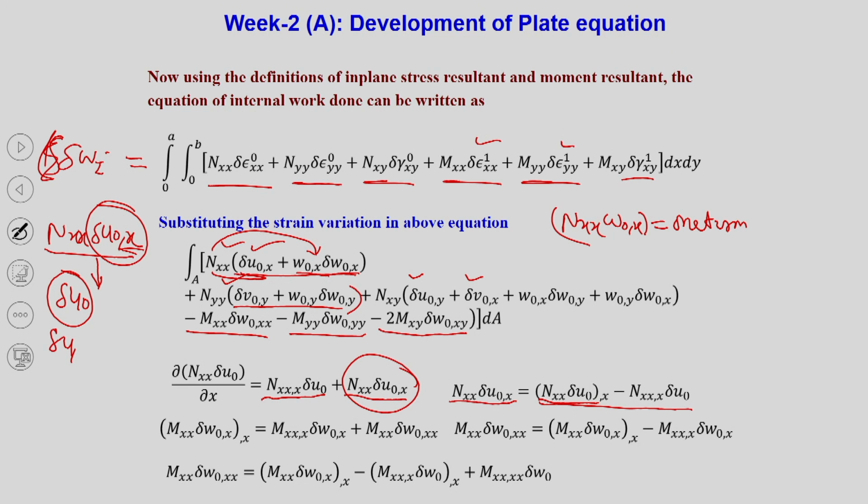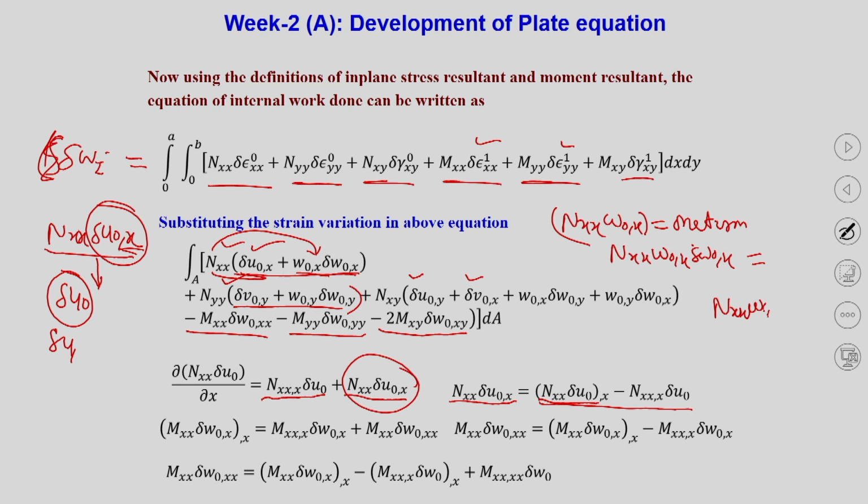So, you can write Nxx w comma x del w comma x as equal to Nxx w comma x whole derivative comma x and del w naught, minus Nxx w naught comma x comma and del w naught.